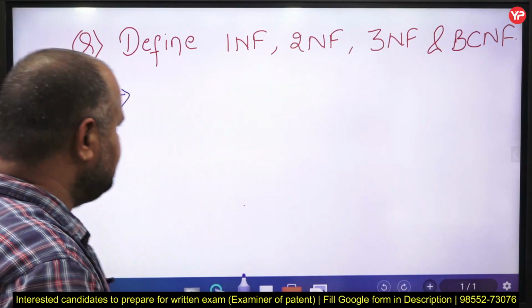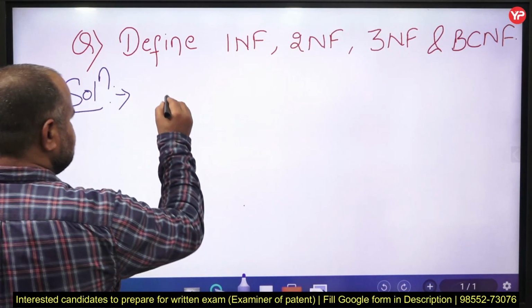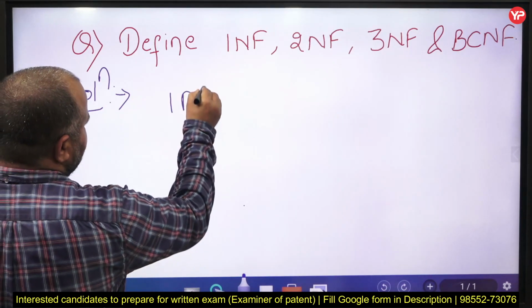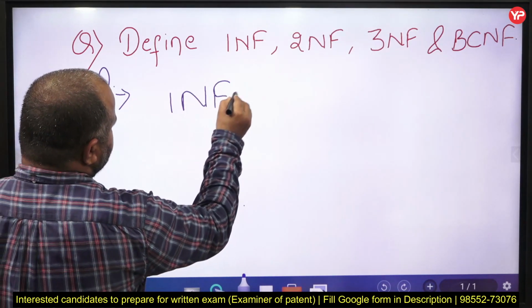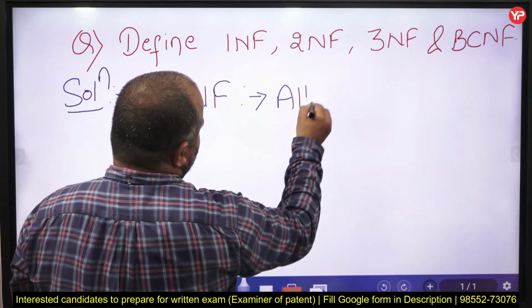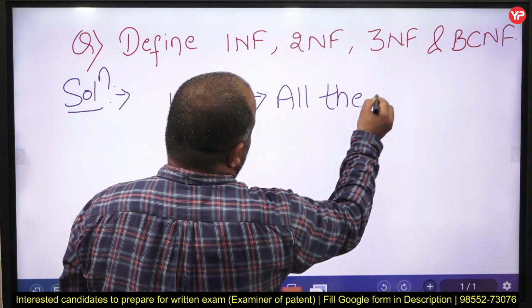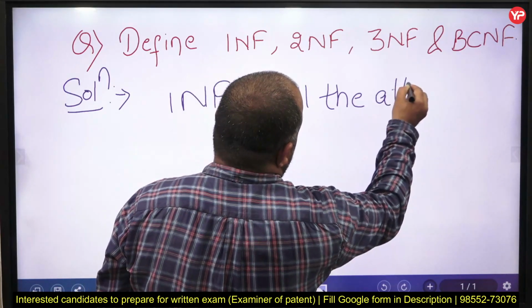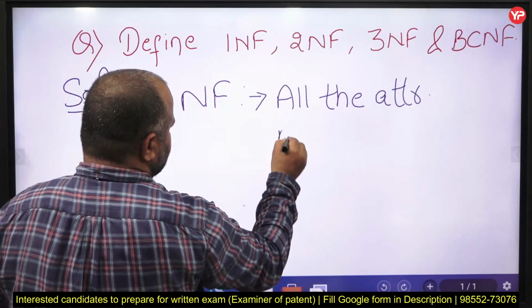So start with 1NF. My dear students, what does 1NF say? It says that all the attributes must be atomic.